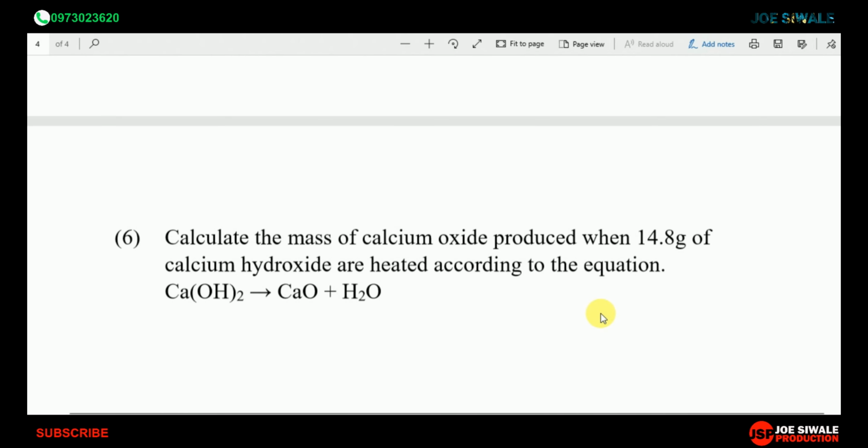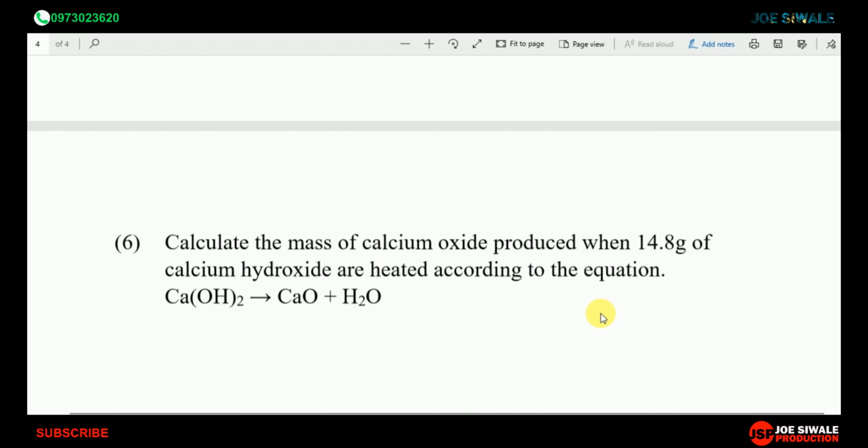Question 6 reads, calculate the mass of calcium oxide produced when 14.8 grams of calcium hydroxide are heated according to the equation. So we have calcium hydroxide that produces calcium oxide plus water. So make sure you find these solutions and share them in the group. Where you have questions, please ask.